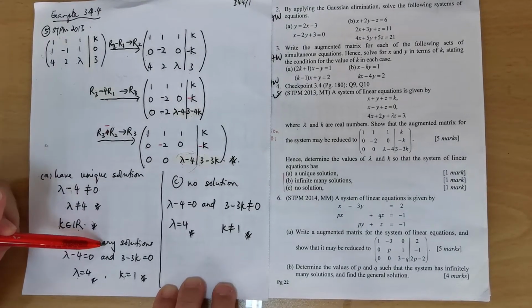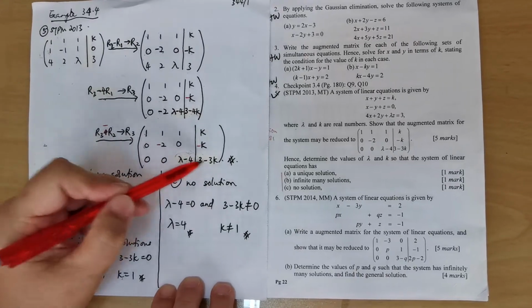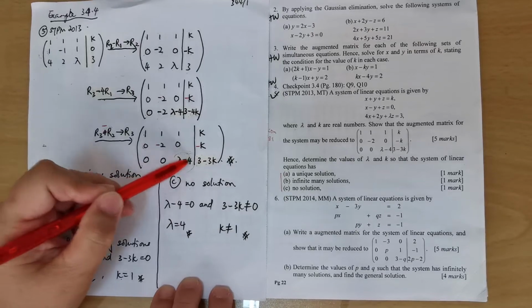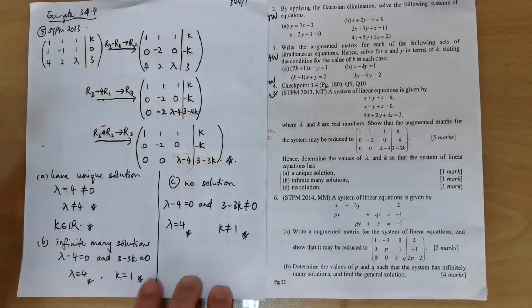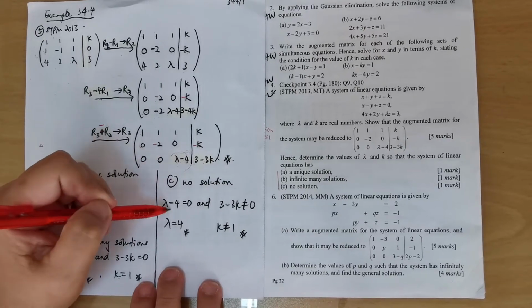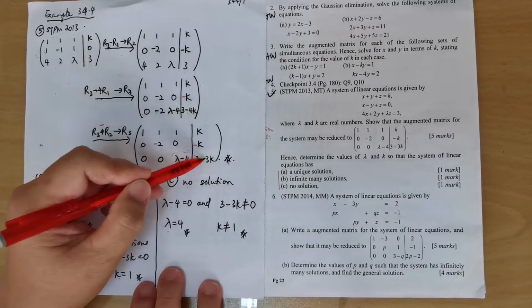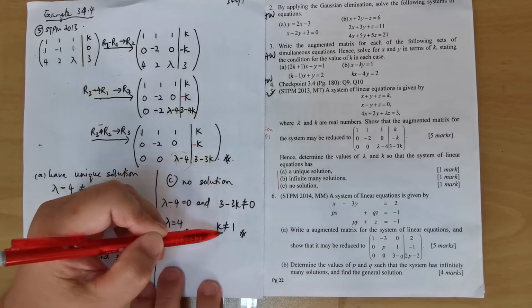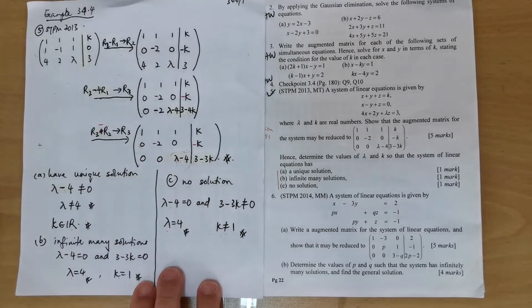Infinitely many solutions, look at both. Both also 0. If no solution, only this one is 0, this is not 0. So for no solution, f equals 0, so lambda equals 4. And this one cannot be equals 0. So means k cannot be equals 1. K can be any real number except 1.